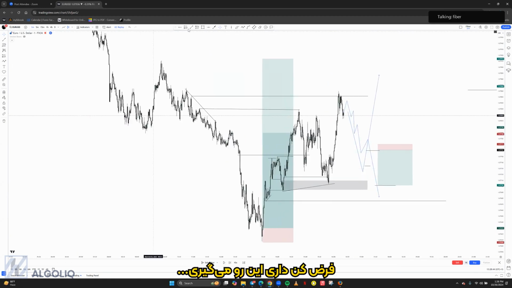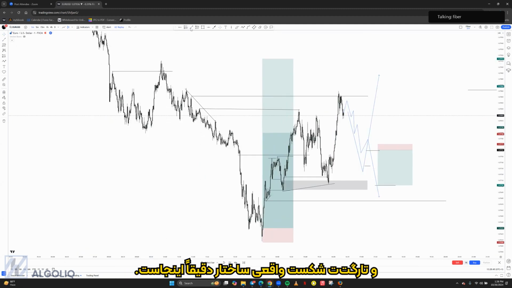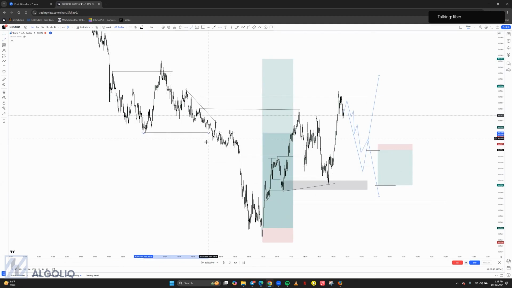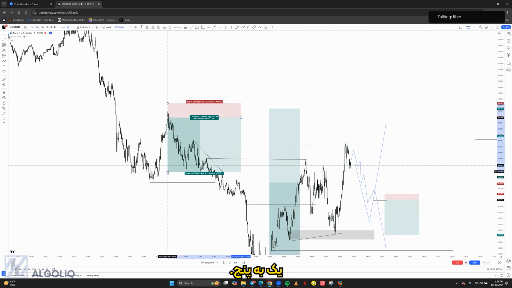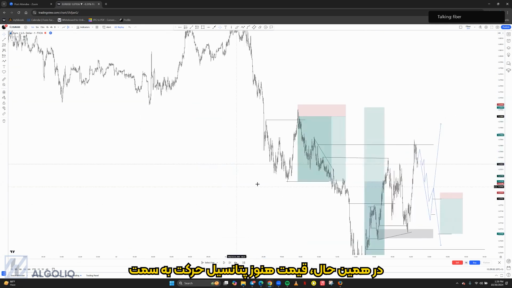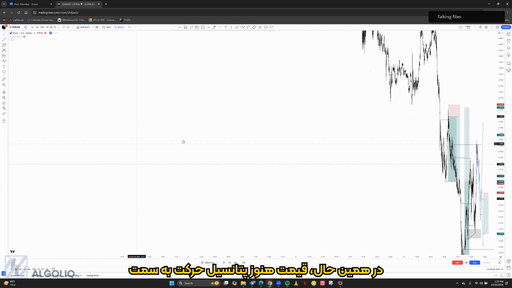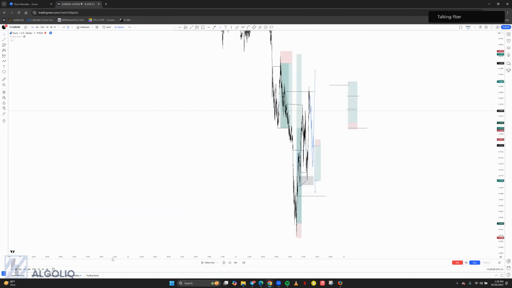Imagine you're taking this inducement level on the 5 minutes and you're targeting the true break of structure right here. This is just 1:5, for example. Meanwhile, price still has a potential to drive to the downside because there is no liquidity to be taken yet.